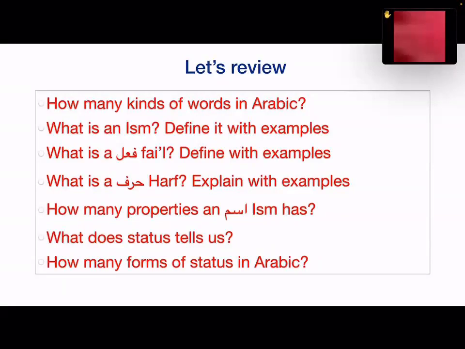The un sound, or u sound. So two dhammas, or one dhamma, is going to let us know that this ism is Rafa. It is the doer or the main subject of the sentence.